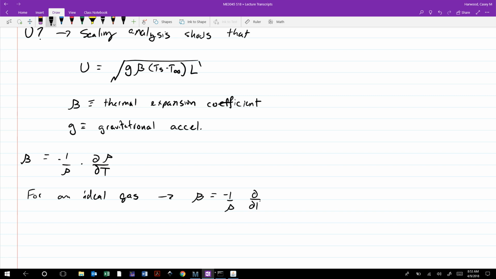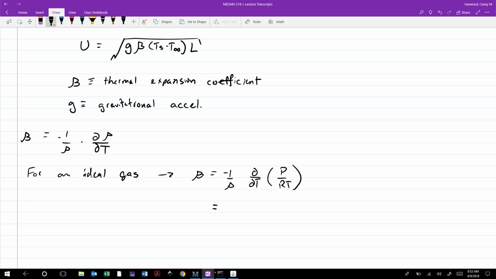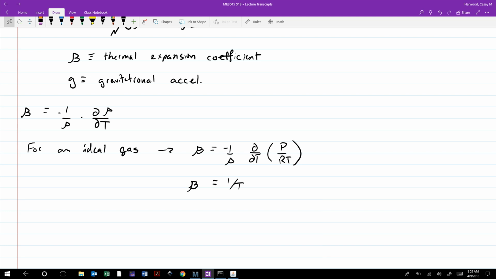The temperature of P over RT, which is going to be equal to simply 1 over T. So the idea is the thermal expansion coefficient is a representation of how much the volume of a given unit of mass of this particular fluid is going to grow per change in temperature, where this T should be an absolute temperature.